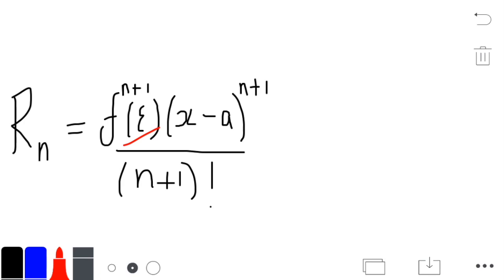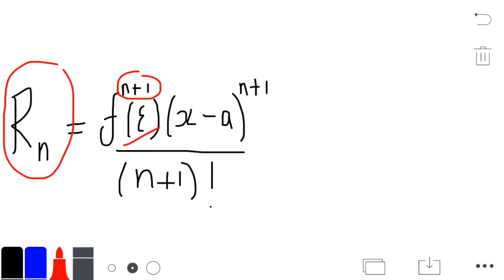Secondly, in order to evaluate Rn, we need to know the n plus 1 derivative of our function. But what's the point of a Taylor series approximation if we know the derivative of our function, because that would imply we know the function and we don't need our Taylor series approximation.